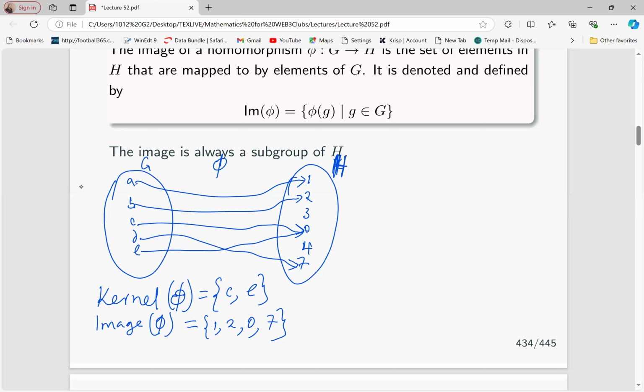And the image of E is 0. So that's what we call the image. All those elements in the set, we call them the image. I hope that makes it even easier for us to understand. This 3 is not an image of anything, and this 4 is not an image of anything.